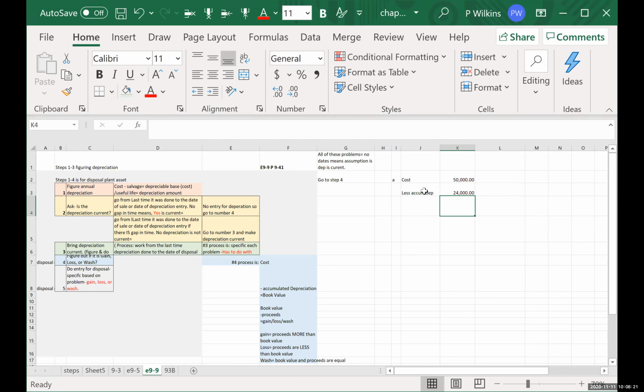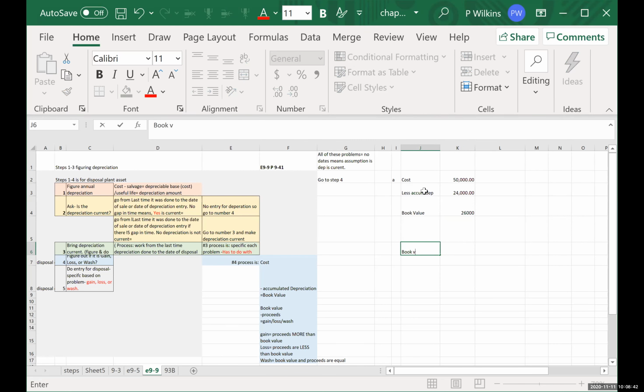That means we take $50,000 minus $24,000, and that gives us a book value of $26,000. Okay. So we have our book value of $26,000.